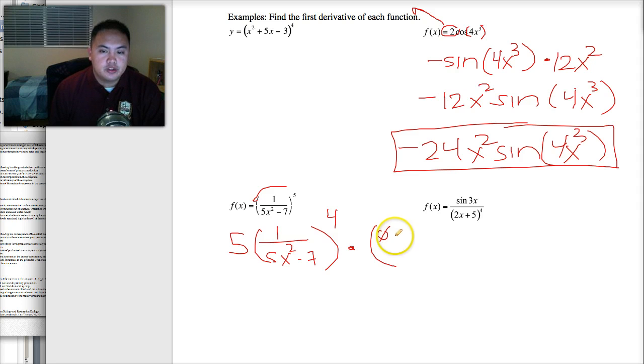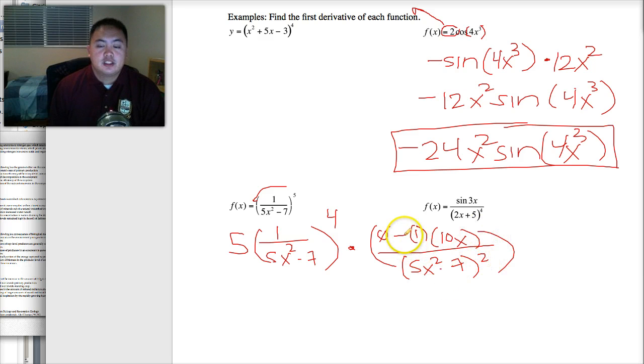In the quotient rule, there's a minus. Then I leave the first one alone and multiply by the derivative of the second one. In this one, 5x squared minus 7, my derivative is 10x. And then you may remember at the tail end of the quotient rule, it's all over the denominator squared. So 5x squared minus 7 squared. It's messy. It's not supposed to be very neat.